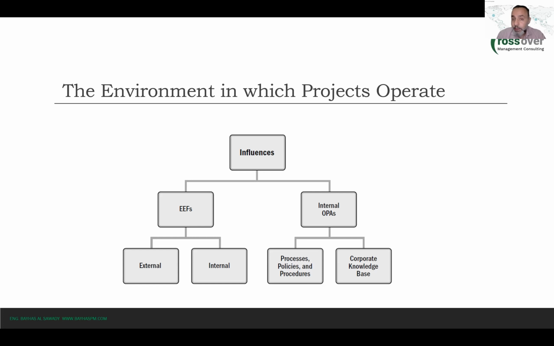So we call these the internal OPAs, and those are very beneficial for you as a project manager because they help you with the information that the company has maintained over the years, with the lessons learned, with the databases, with the financial databases, with the contractors, for instance, that we have used before, and which of the contractors can be used again because their performance was good, and so on, okay? So these are very important, and you will need all the time to take them into consideration.